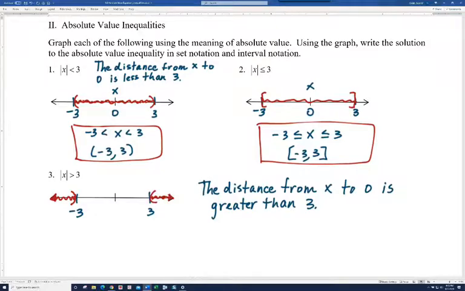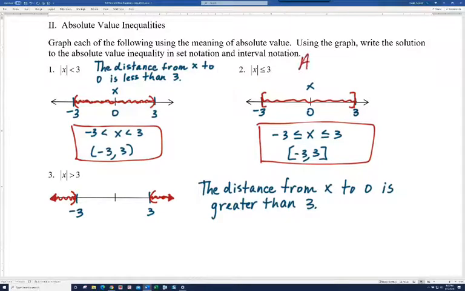So these are the points whose distance from 0 on the number line is greater than 3 units. The distance is more than 3, basically. And so before, on numbers 1 and 2, you had everything between two numbers, and that's what we get with the less than or equal case.